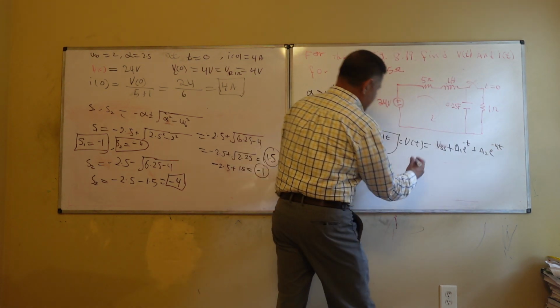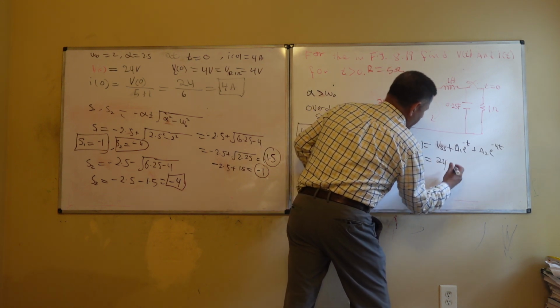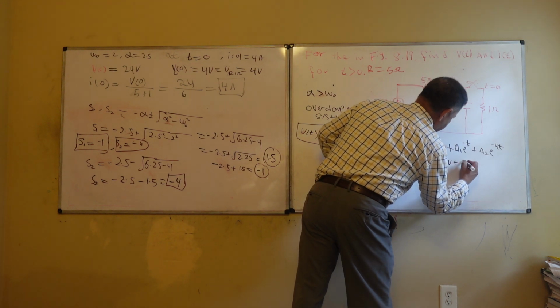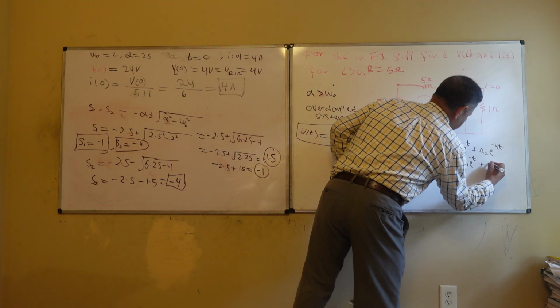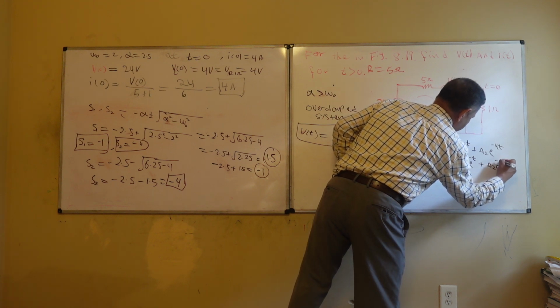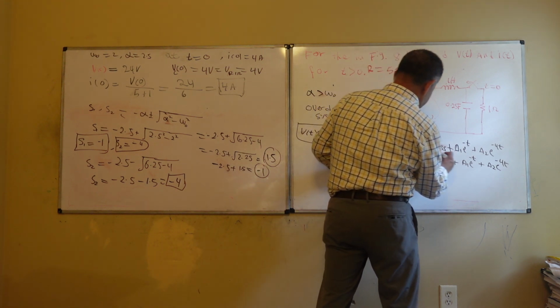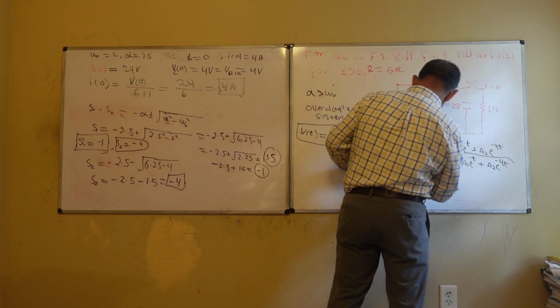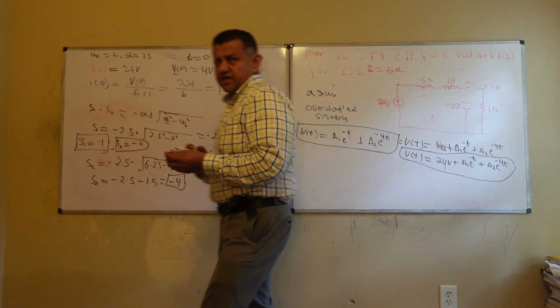Now, what is this voltage? So v of t is equal to 24 volts plus a1 e to the negative t plus a2 e to the negative 4t. And that will be the equation that we will be considering. Why? Because we had a steady state voltage already.